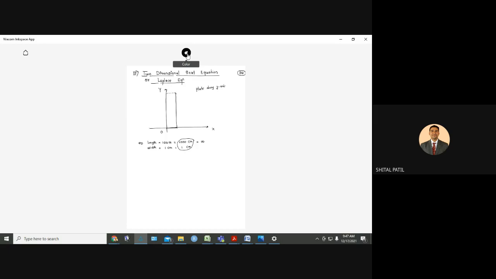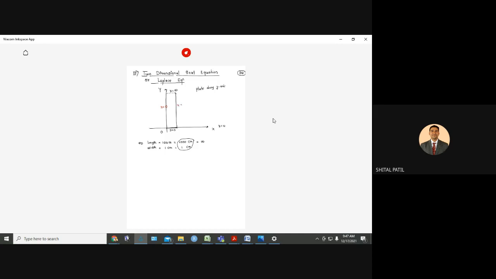So you might remember the equation of the x-axis. What is the equation of the x-axis? y equal to 0. So this is y equal to 0. This is y equal to, how much is the length? Infinity. So y equal to infinity. Whereas this line, the y-axis, what is the equation of the y-axis? x equal to 0.